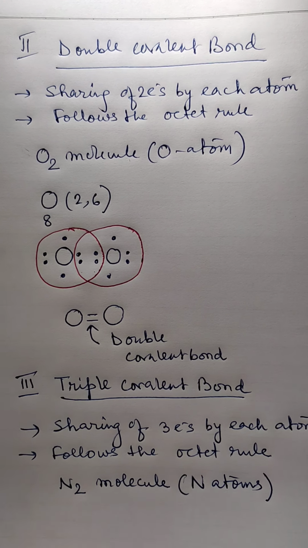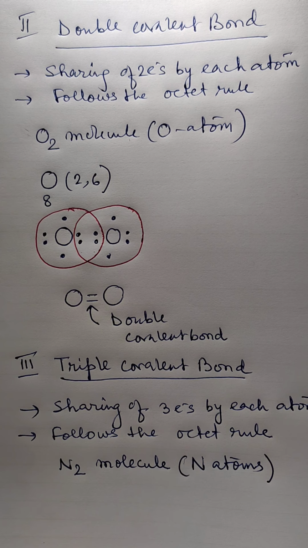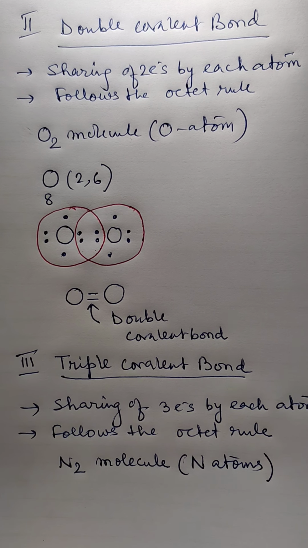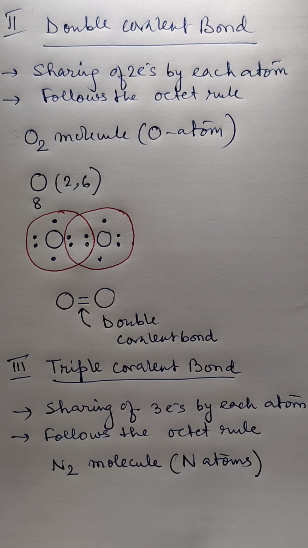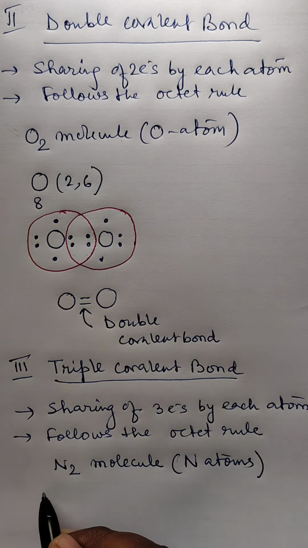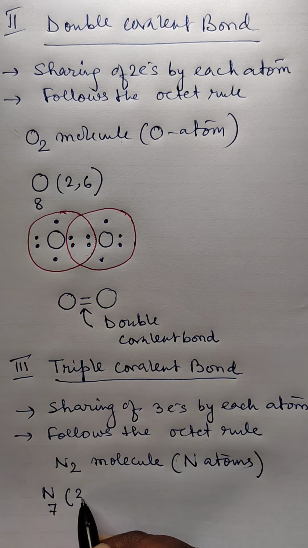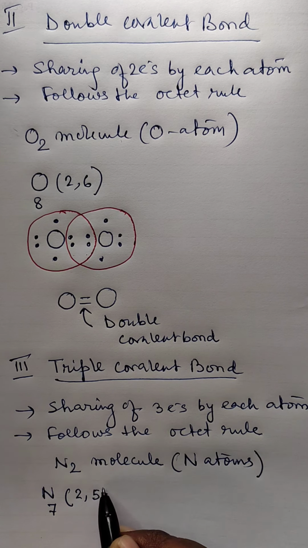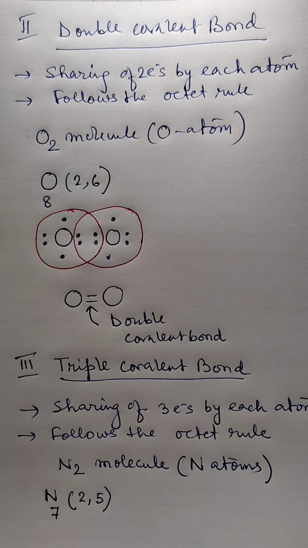See, this nitrogen molecule is made up of nitrogen atoms, and the condition is such that nitrogen will actually share 3 electrons, because the atomic number of nitrogen is 7. 7 means it has 2 in the first shell and 5 in the second shell.